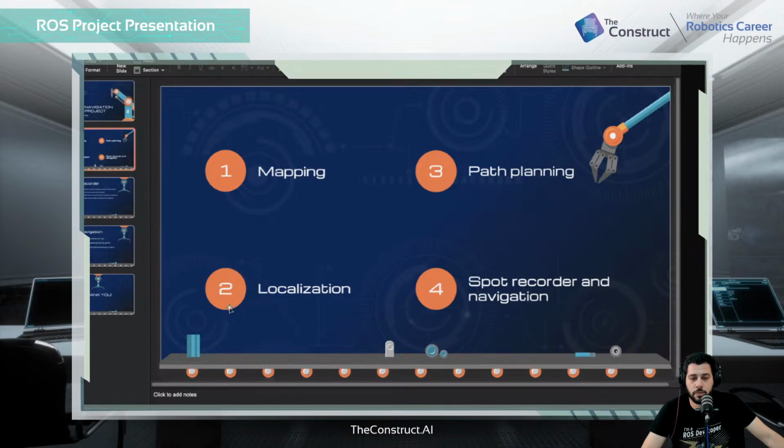So then the robot should localize itself on the map. Also, a very important part of this project was the path planning. And finally, the program that records multiple spots on the map, and then making the robot able to navigate to these specific points.